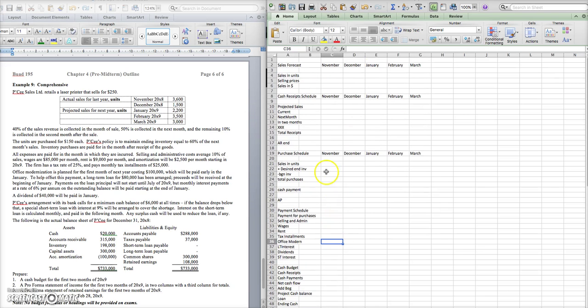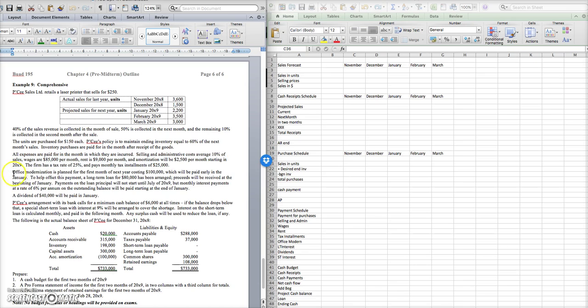There it is. So you can see how quickly we've sort of set up a general overview of what we need to produce. Let's go back to the question.